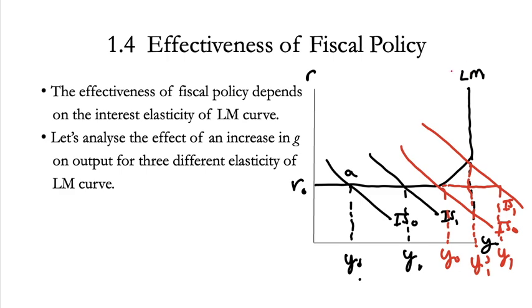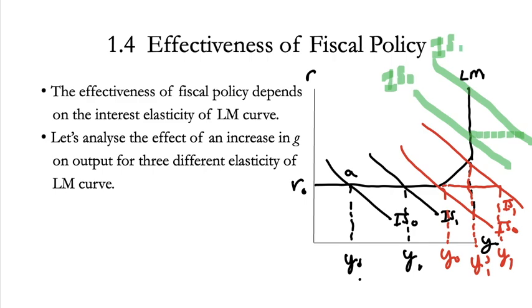Alright, so let's say I change the color because I want to talk about the third segment, and I have it green. Let's say the initial one is here, so this is IS0, and it shifts by the same amount, let's say this much, to IS1.